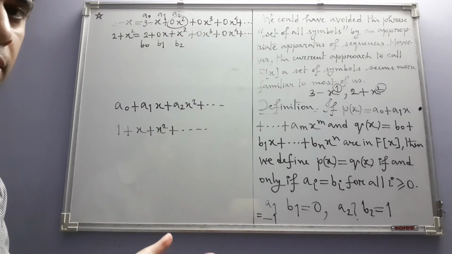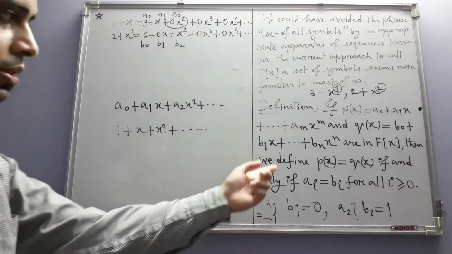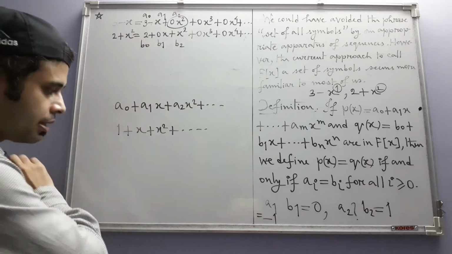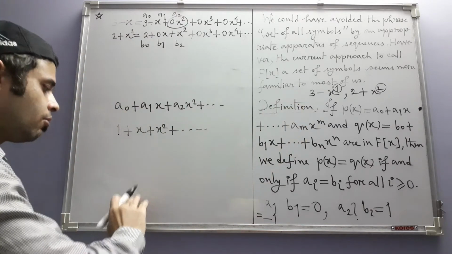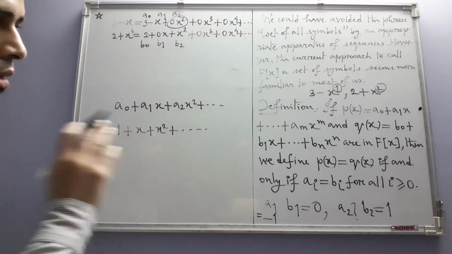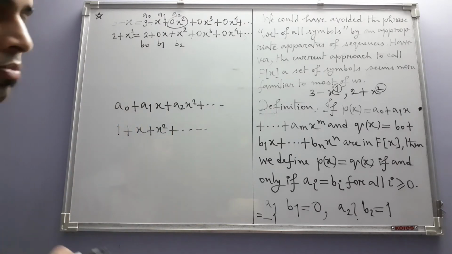Now you understand the real meaning of this equality. Once you interpret the polynomials in that series form, all the corresponding coefficients should be equal. Then only we say that the polynomials are equal.